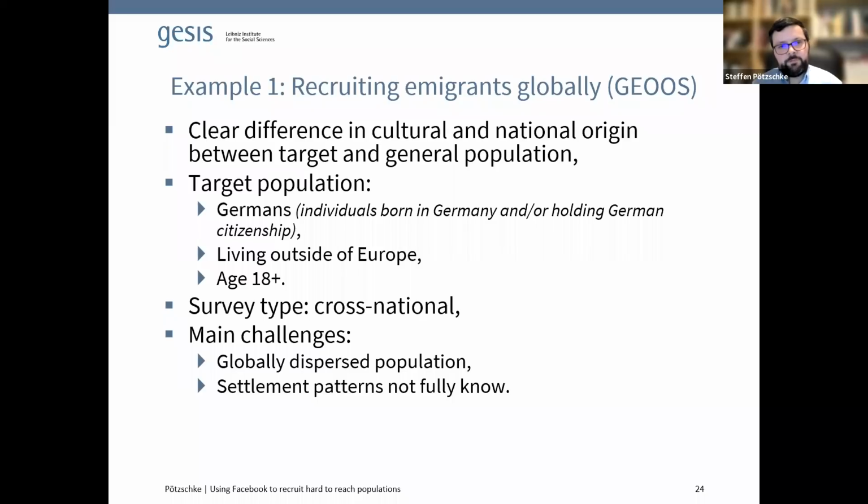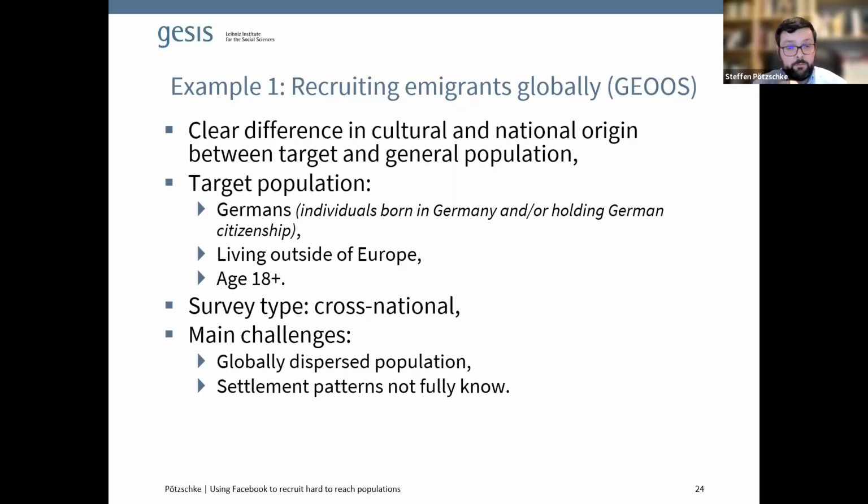We targeted here specifically countries outside of Europe because there are already some methods to target immigrants, and these results show that those methods work best within Europe. So it was a conscious decision to target only countries beyond Europe.